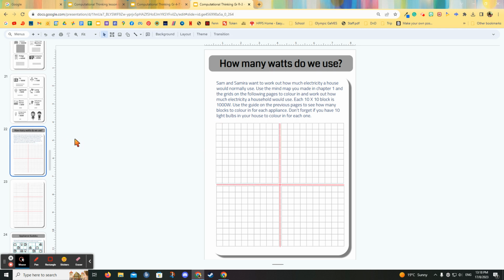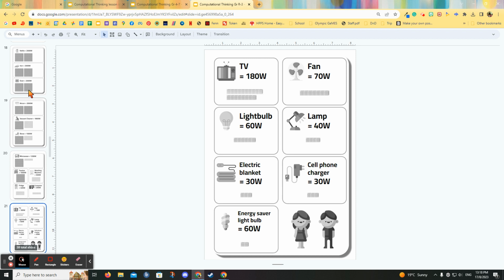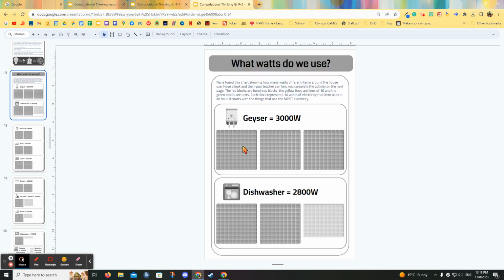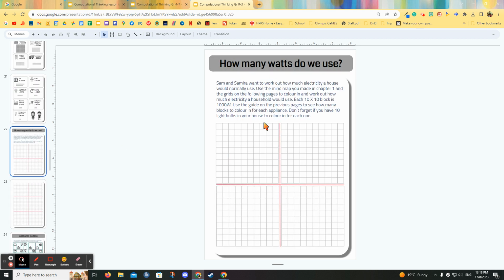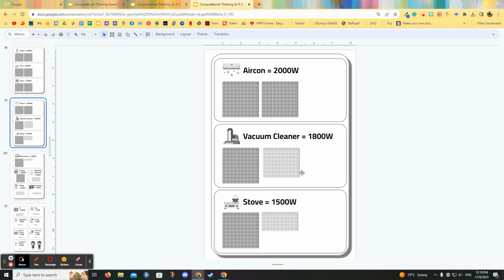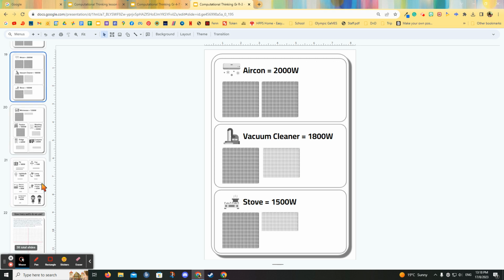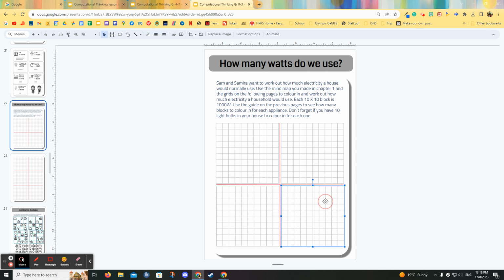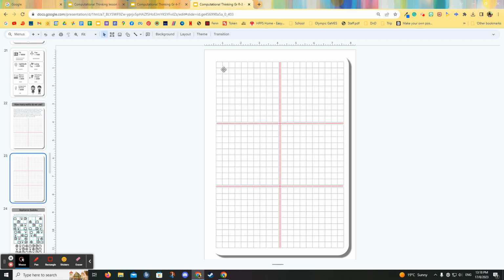For example, if in their house they have a geyser, they would color in 300 blocks, 1, 2, 3 blocks over there. And then maybe they also have a vacuum cleaner, so they'd color in 1 block and another 8 lines. They color in this last block, and on the next one, they'd color in 8 lines.